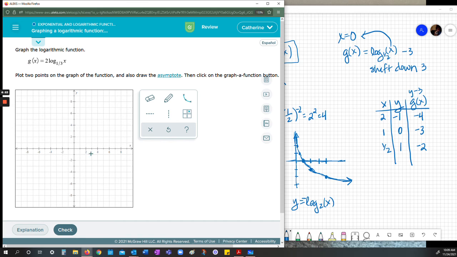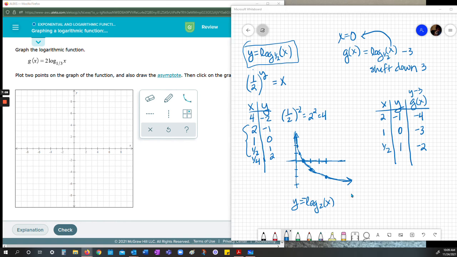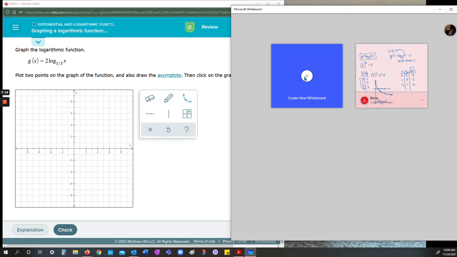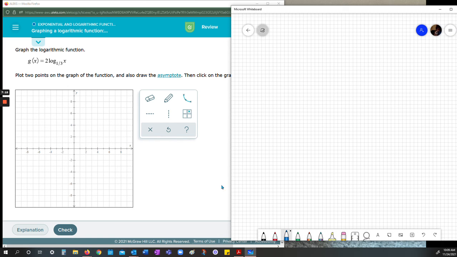Okay, so here's another one with a funky base so that it's going to be sort of upside down like that one was. But with this one, after we get the parent function graph, you would multiply your y's by 2. So let's see, maybe we can do a new one. I wonder why that had an error. Okay, so I'll see if I can do this one a little faster.